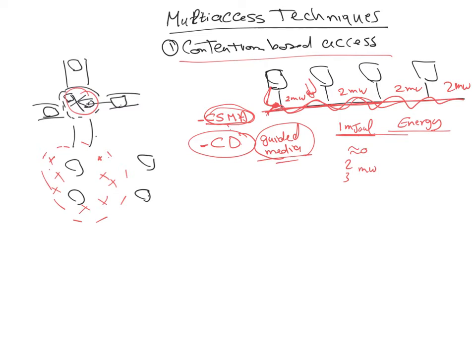We can do carrier sensing to some extent. Even the carrier sensing will not be absolutely accurate, but we can still do it. But we cannot detect the collision. That's why for wireless, we have to use another technique, not collision detection. We have to use collision avoidance, because we cannot detect the collision, so we try to avoid it. This is for the case of wireless or unguided media.